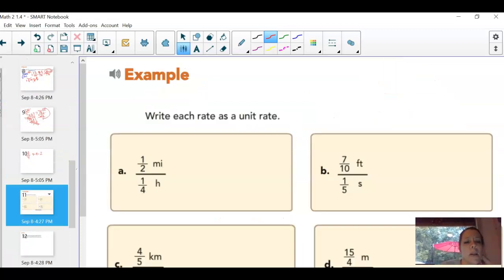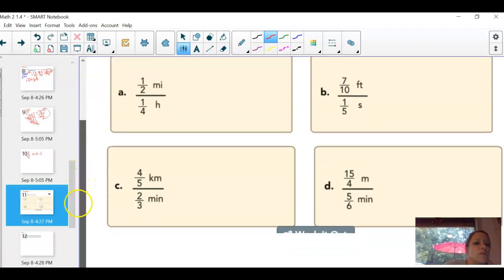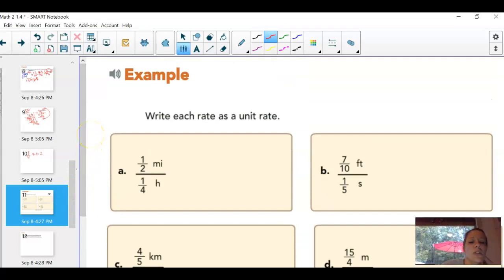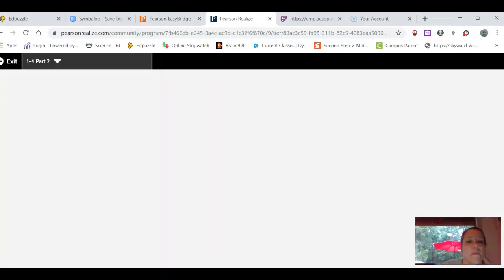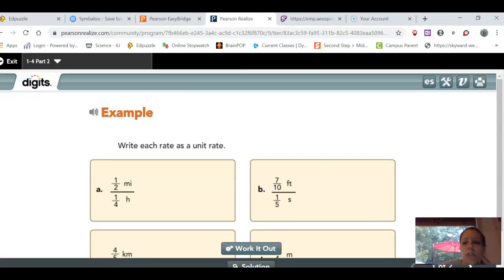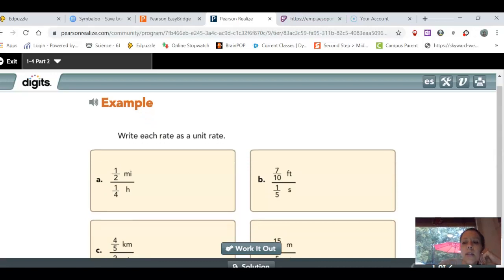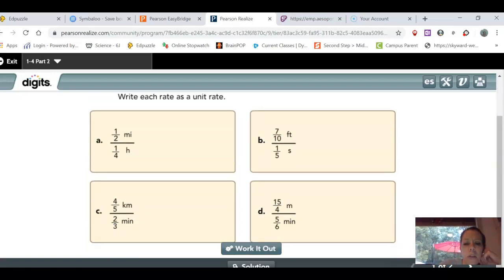So at this point, what I want you to do is continue and realize, you've done the got it's or multiple got it's. Now you're ready to try and realize these. I want you to try each one of these. When you get done with each one of those, think it through. There's a solution button.